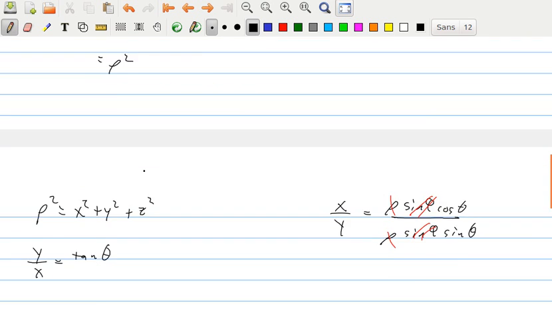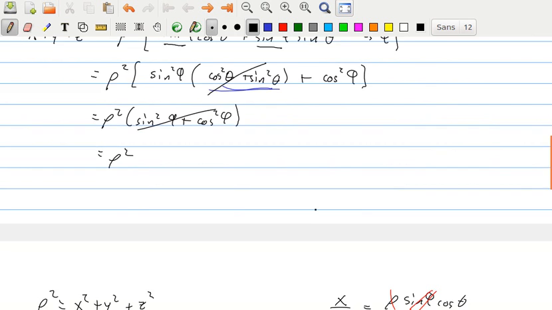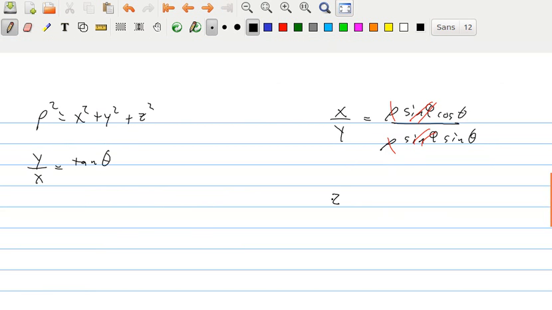Now if we want to get the phi, that's the only thing left over. If we look at each of the three equations right here, the simplest one to solve for phi would be the last one, because it involves the fewest number of factors. So if we go and solve this, we've got z equals rho cosine phi. Well, we can divide by rho, z over rho equals cosine phi.